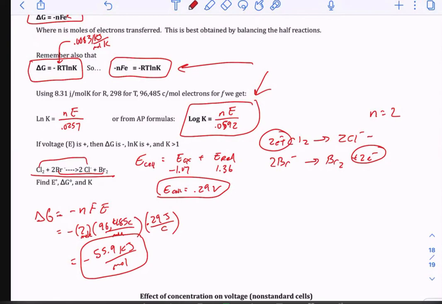All right, the last thing then is how do we solve for the equilibrium constant? There's a number of ways. You can use either one of the equations I just mentioned, but we'll use the one I put a box around just because we haven't used it yet.